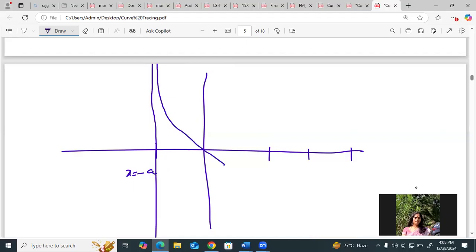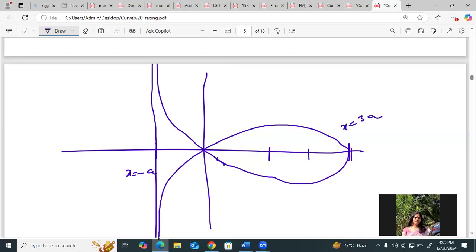It is as if the asymptote and the curve are meeting at infinity, and the intersection with the x-axis is at x is equal to 3a. I think you now understand what points you should focus on.